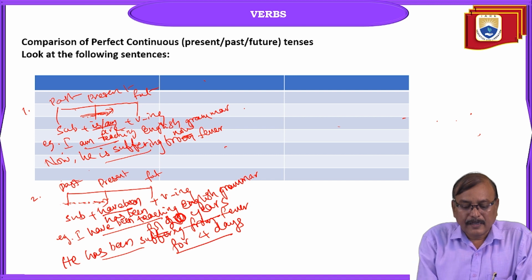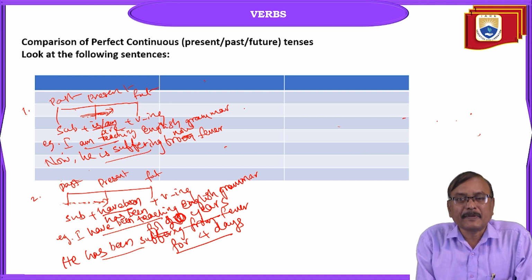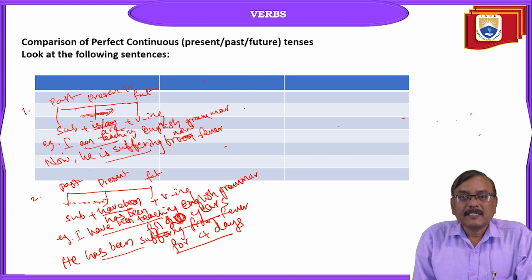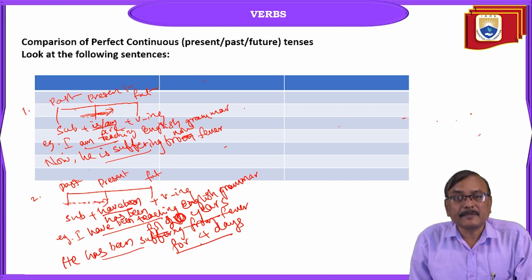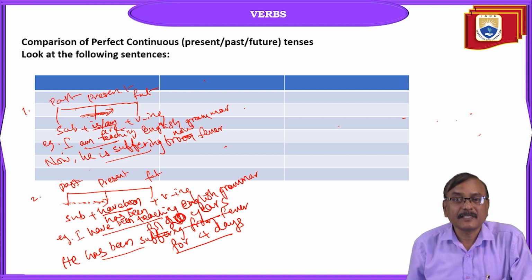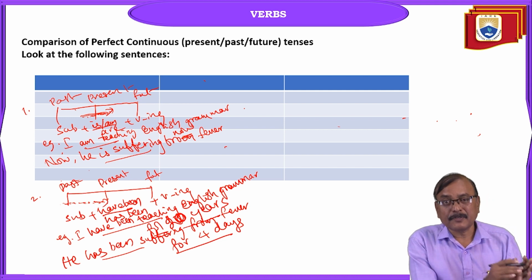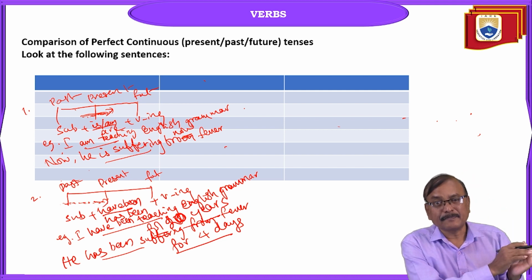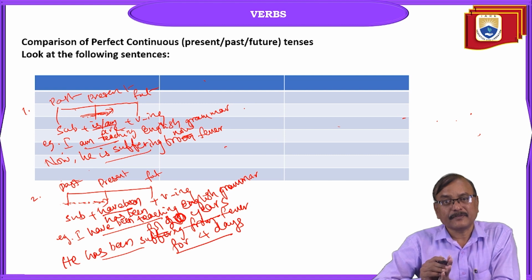Okay? Now she is preparing for a Group 1 exam. She has been preparing for Group 1 exam for 2 years, for the last 2 years. Is it clear? So, past to present. Action started in the past and continuing at present also.